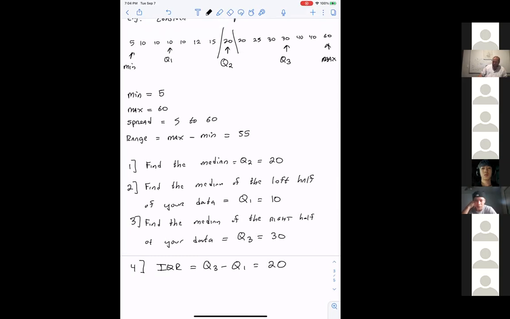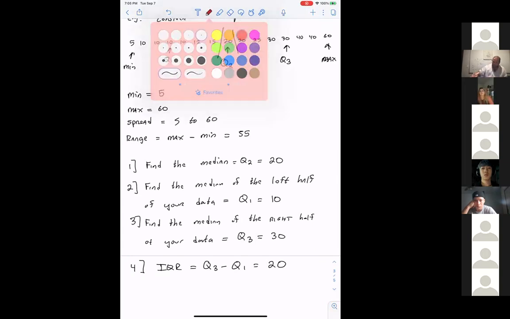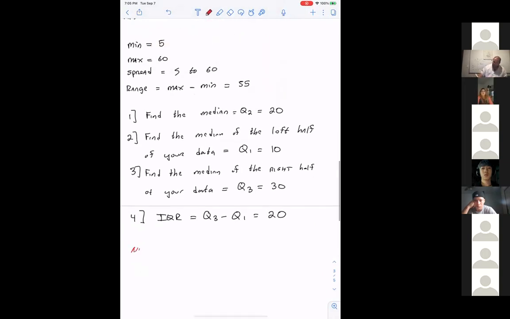Does that make sense in terms of how to do it? Yes. Okay, but now we will use the IQR to find suspected outliers. How do you know if something is an outlier or not?